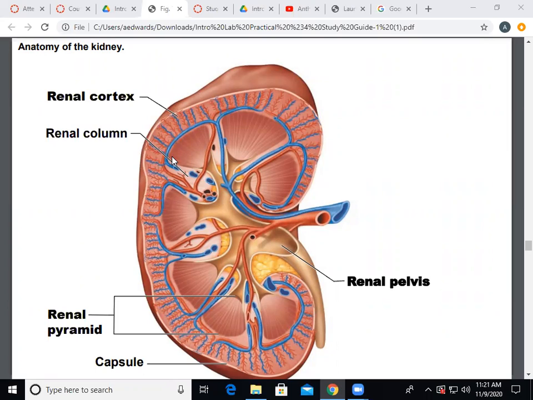Okay. So these kind of pouches here, call those renal columns, and renal means kidney. Okay, so you see renal, talking about kidney.